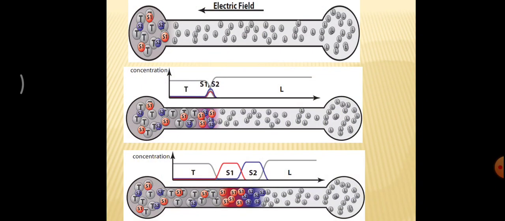In the first stage, the sample constituents migrate at different speeds and start to separate from each other. The faster constituents will create a lower electrical field in the leading part of the sample zone, and the slower constituents will create a higher electrical field.